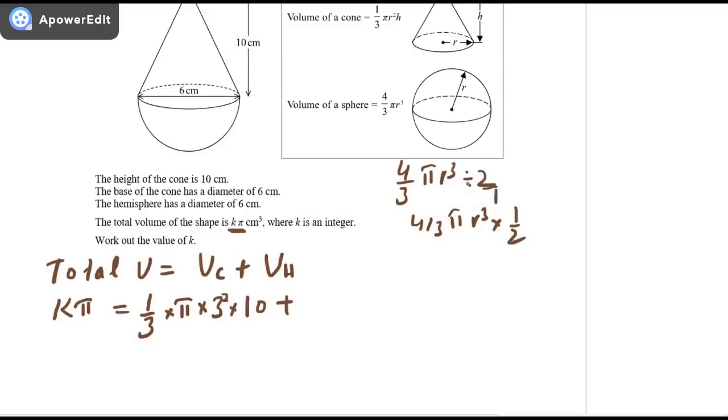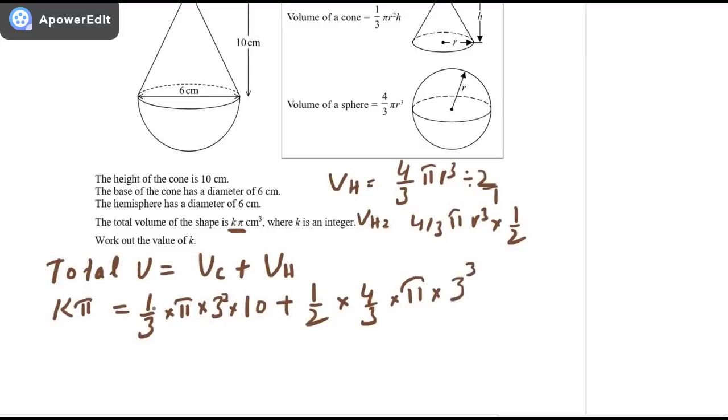So this is the volume of the hemisphere. I can write this half first, then times 4 thirds times pi times radius, which is again 3 cubed.